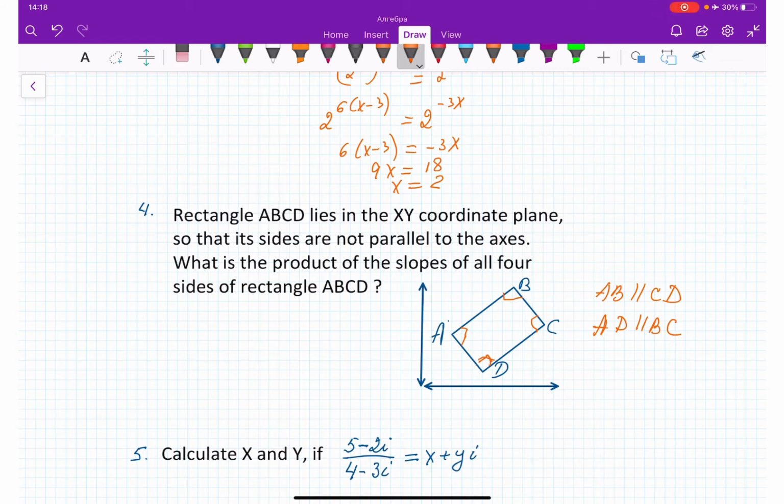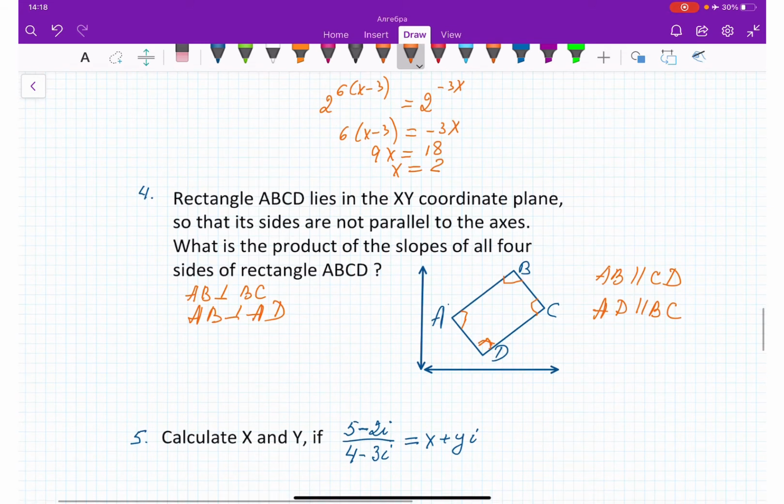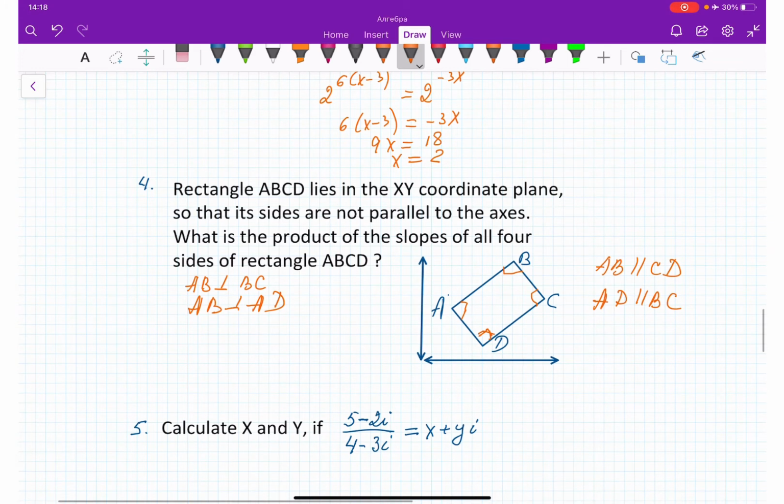AB is going to be perpendicular to BC, and AB is going to be perpendicular to AD, since it's 90 degrees. Okay, so let's say this slope is M1, and this is M2, this is M3, and this is M4.